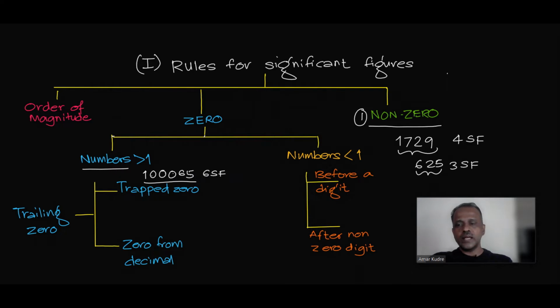Now, what about trailing zeros? What does trailing zero mean? You all would be aware that the speed of the fastest train, the bullet train, is around 400 kilometers per hour. So here in this case, this trailing zero does not convey much meaning, or there is much uncertainty over here.